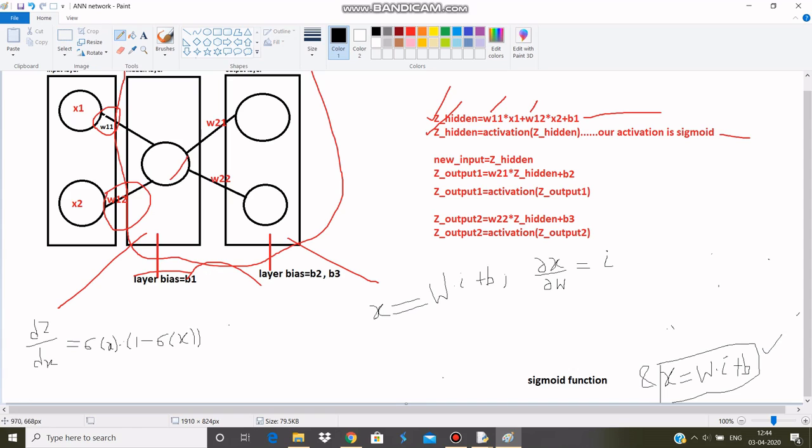So it will be practically equal to del x by del w, keeping b as constant, so it will give us I itself. Hence we can conclude that del x or dx by dw is actually equal to I.